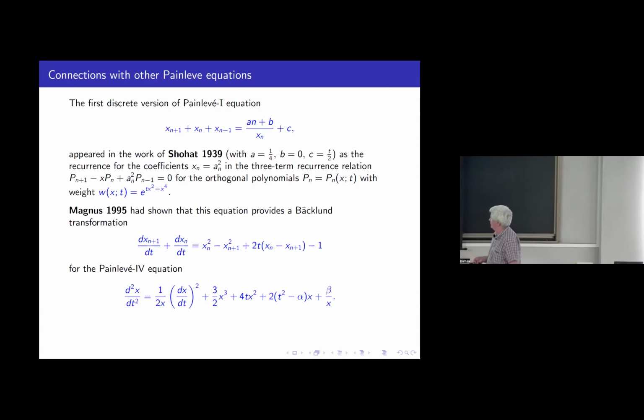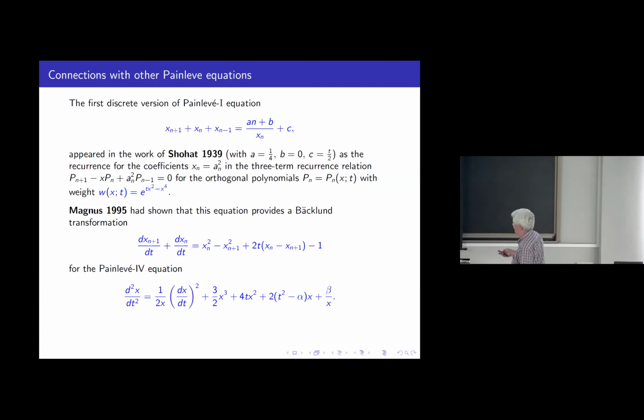Magnus, I think, found the relation to the Backlund transformation. There is this Painleve equation. They are interrelated with each other actually, so it's difficult to distinguish sometimes one Painleve from another.